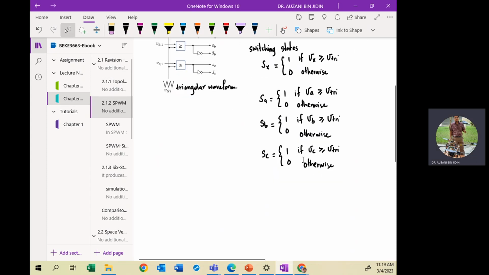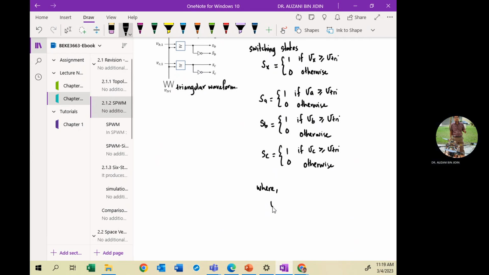Okay, please take note that the modulating signal or reference signal VA is a sine function. You have the peak value Vm, which is the peak value multiplied by the sine function.